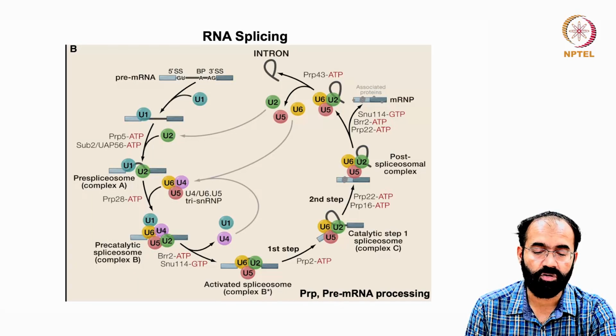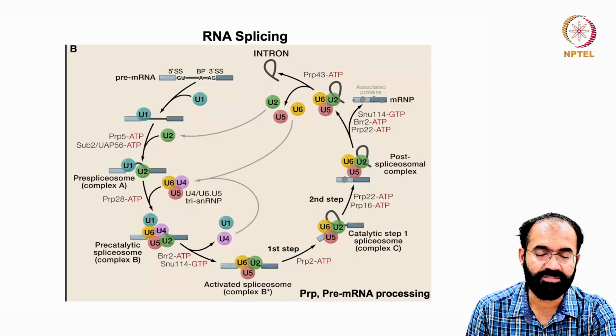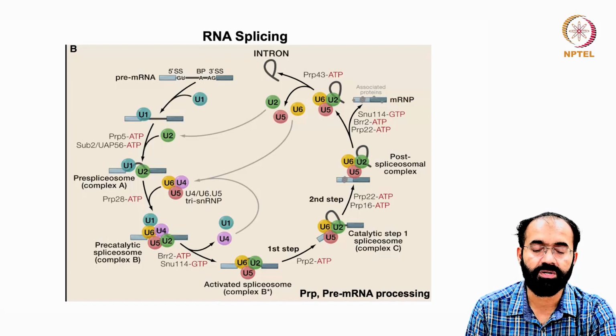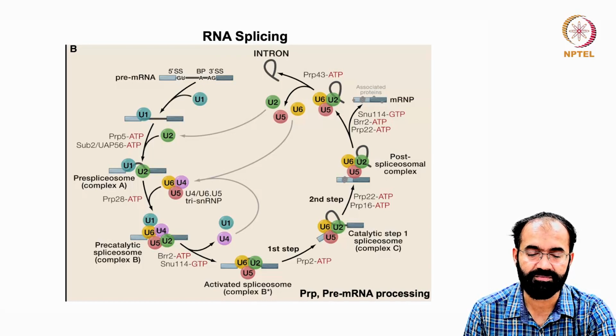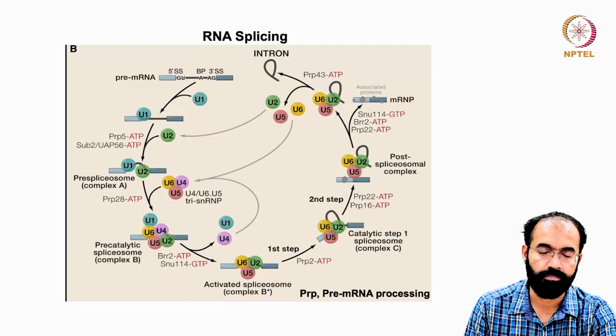Soon after complex B is formed, you have two more proteins, BRR2 and SNU114, one utilizing ATP and the other GTP. Both are energy-yielding reactions, and as a result you lose U4 and U1 from this complex, which can continue the cycle and participate further and further.